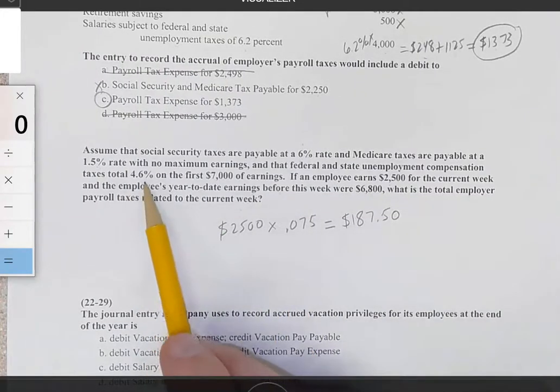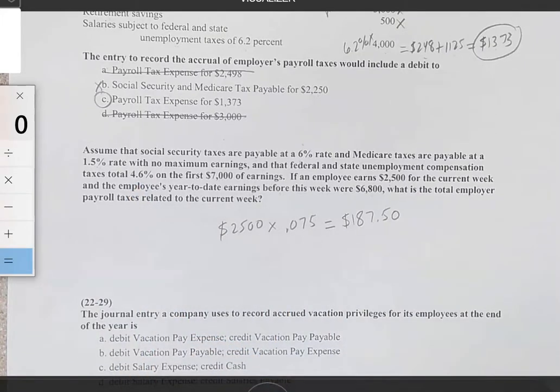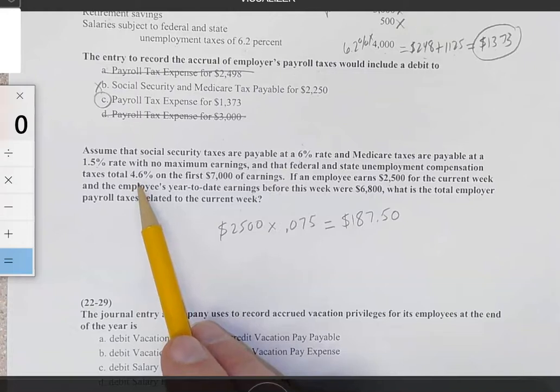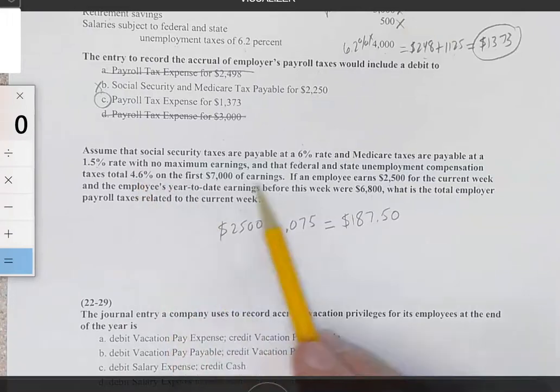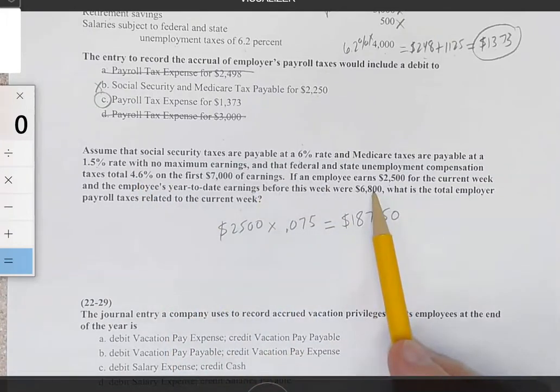The employer is also going to have to pay unemployment taxes. There are limitations on those taxes, particularly at the federal level. In fact, $7,000, I believe, is the limit. But we're making this simple and generalizing here. So this 4.6% is taxable on the first 7,000, but we've already taxed 6,800.